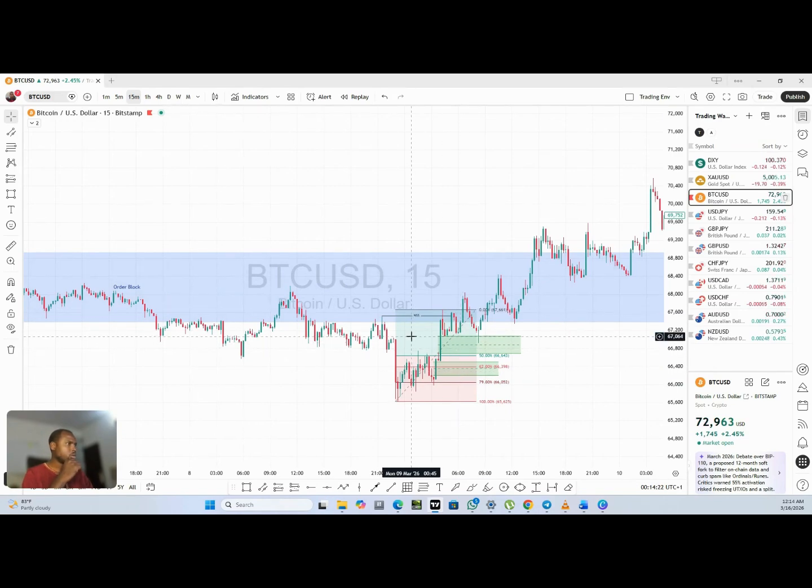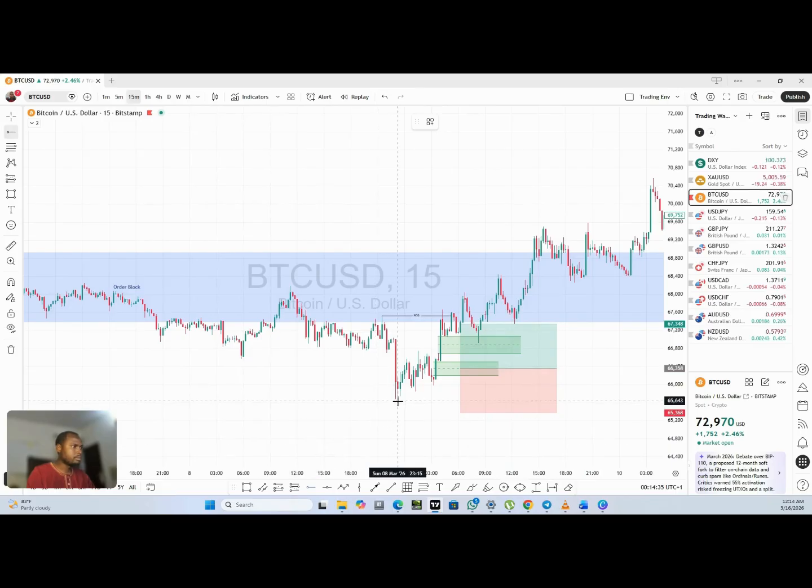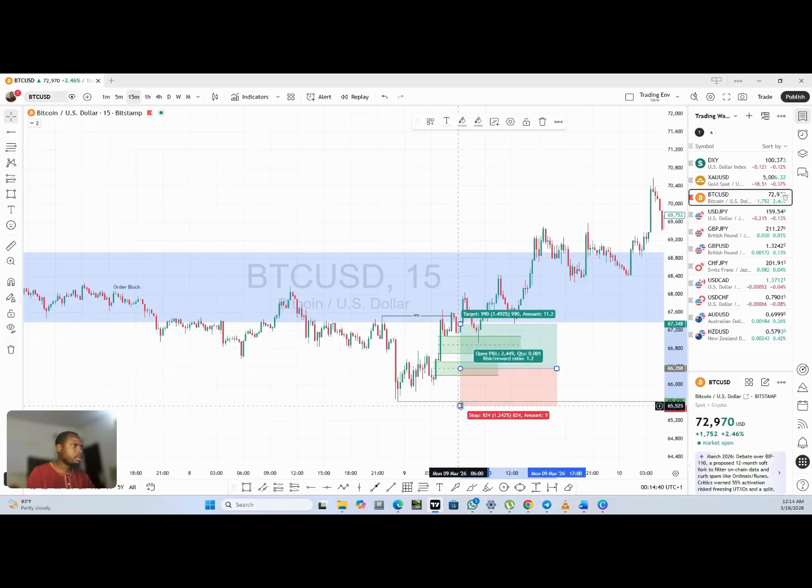So how are we going to position for this buy? We are going to position like this. Use this FVG. Put my stop loss somewhere like this.